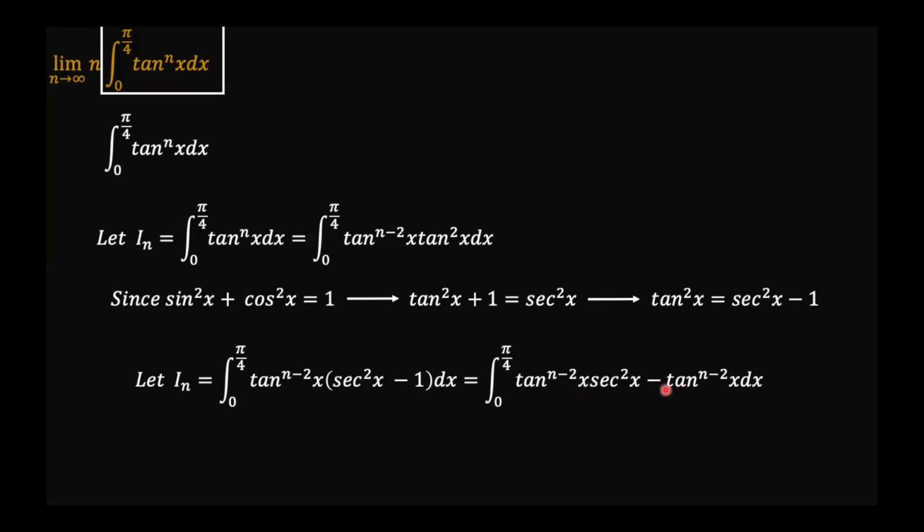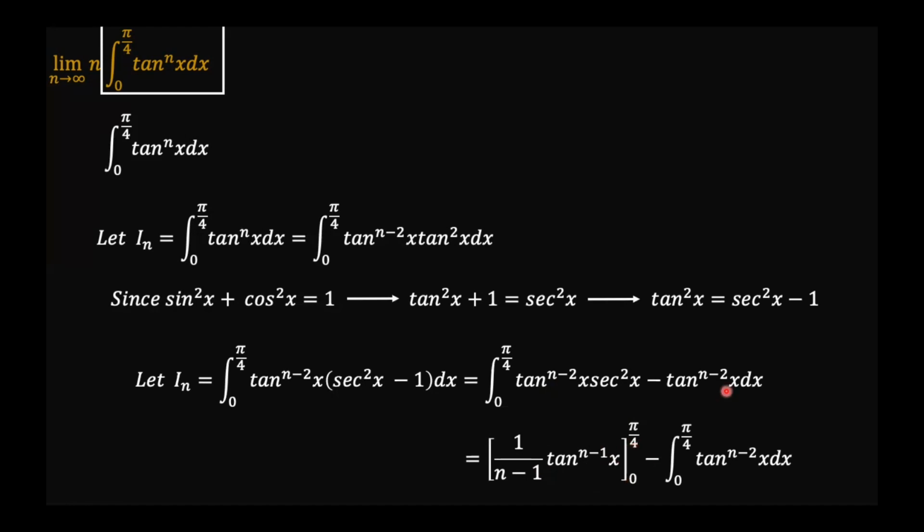It is very easy to see from this first term that the integral is 1 over n minus 1 times tan to the power n minus 1 of x, such that when you differentiate that, you get this first component, and then obviously with limits 0 and pi over 4.